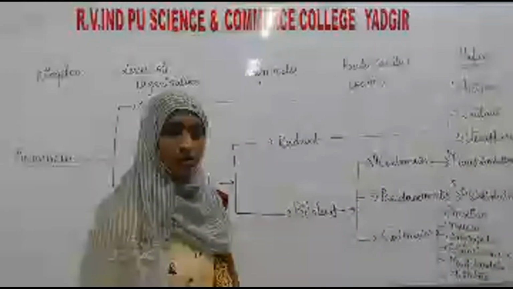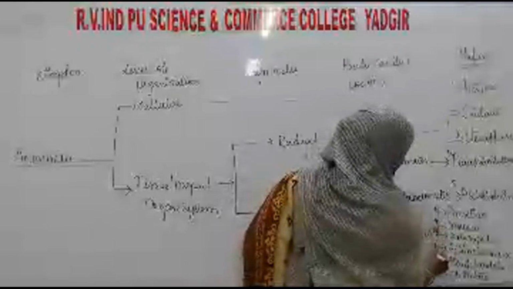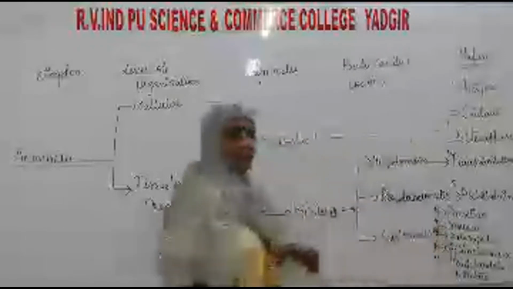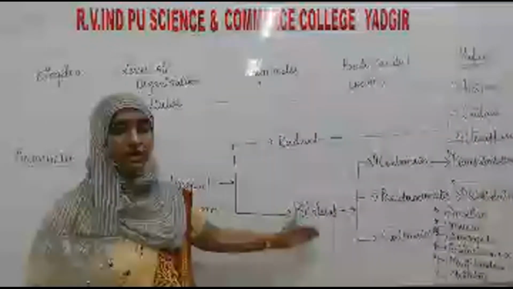That is 6, 7, 8, 9, 10, 11. These are all about the 11 phylums.